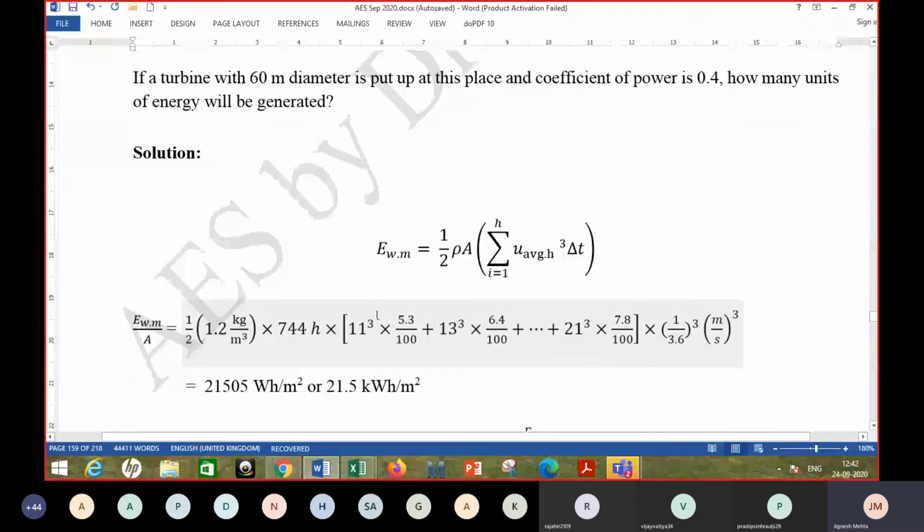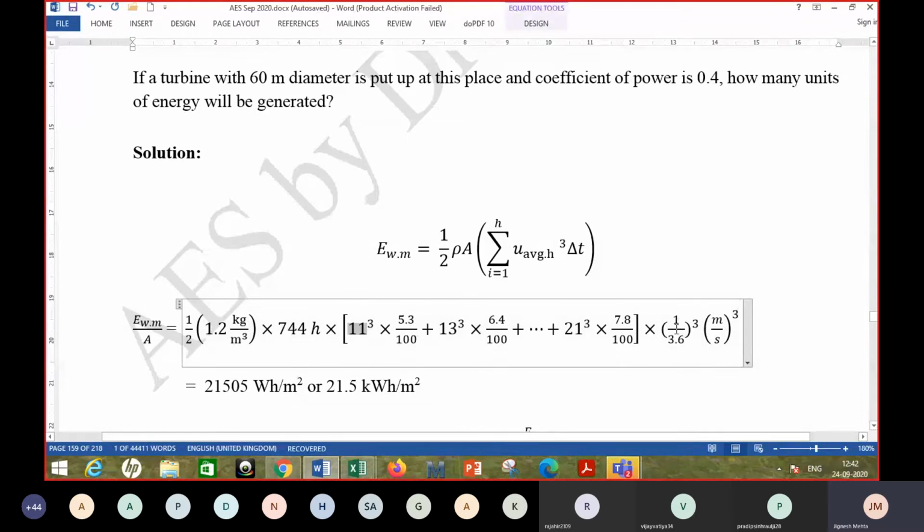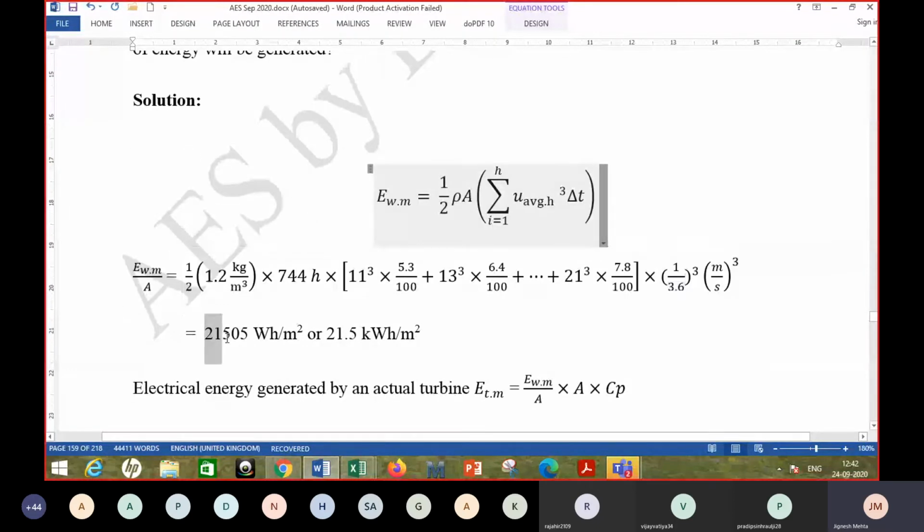So you have to make the sum of all, multiply them with these terms on the left hand side, which are common to all. And the velocity was taken in kilometer per hour, but you want it in meter per second, so you have to divide it by 3.6. So you are going to get this number 21,505.